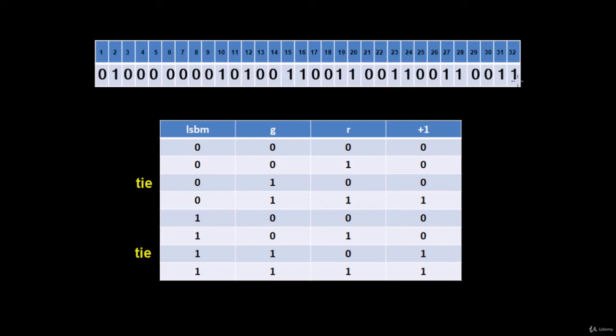By doing this, we're making the assumption that half of the time we're going to have an even number and half of the time an odd number. So whenever we round to even, we will be rounding down half of the time and rounding up half of the time, statistically speaking. So that covers everything we need to know about the rounding.